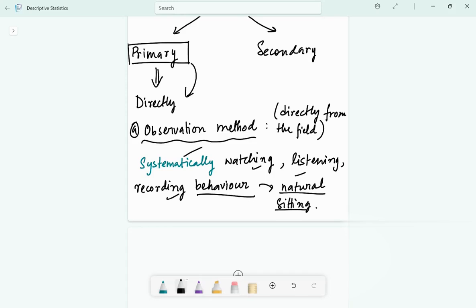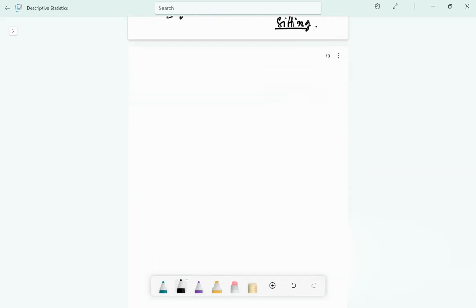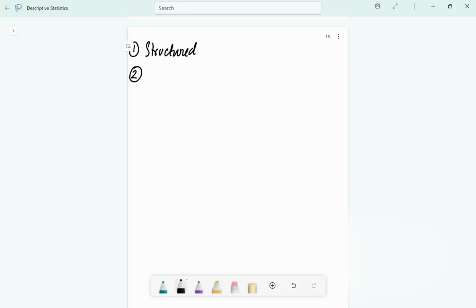Now there are types of observation method. There are few types. Namely, first is structured. Next is very obvious, which is not structured, which means unstructured. And then comes participant.